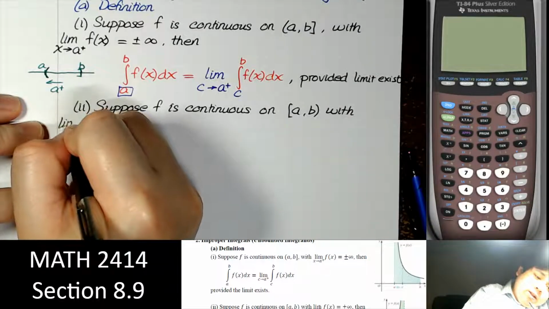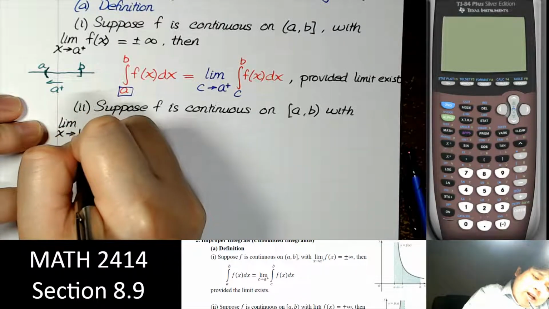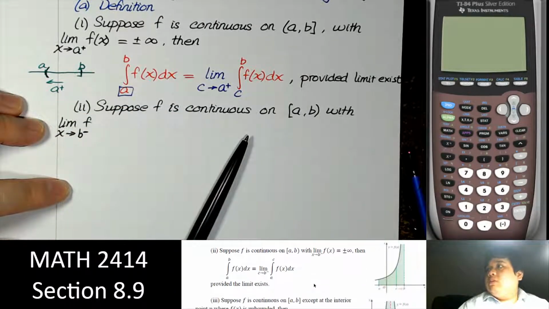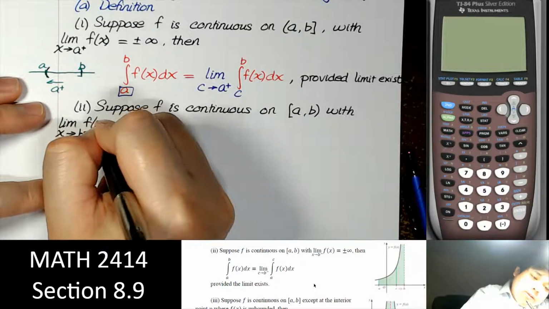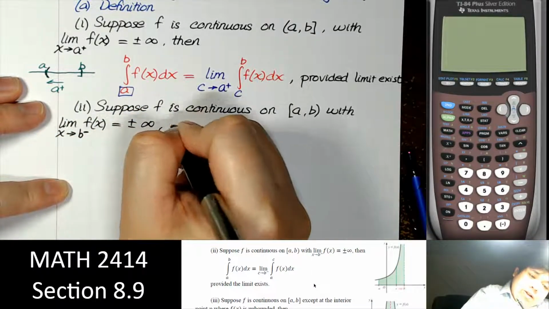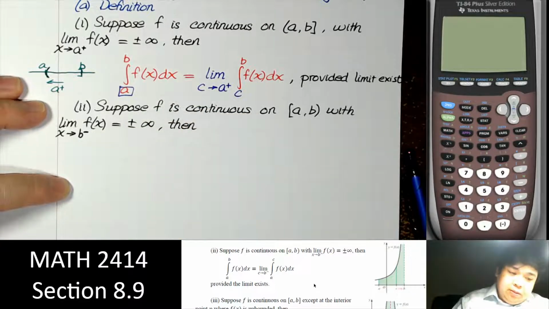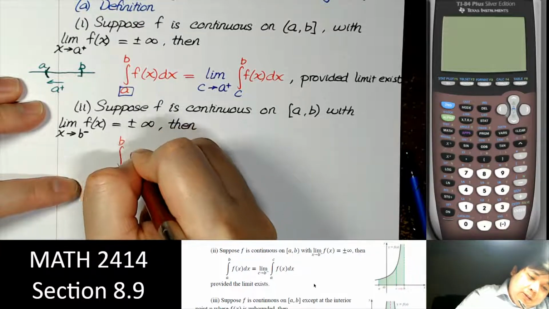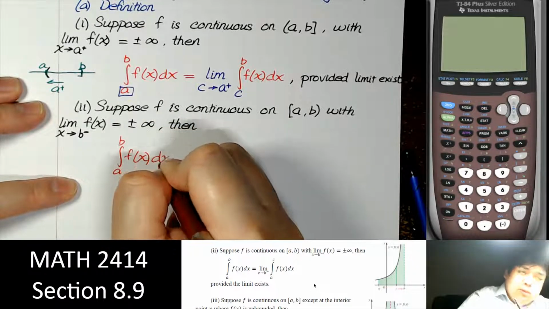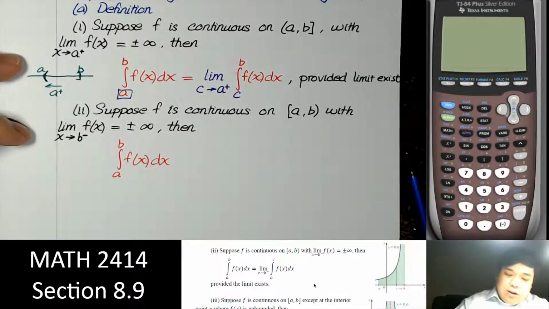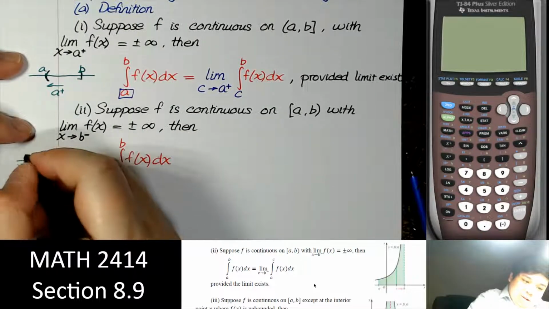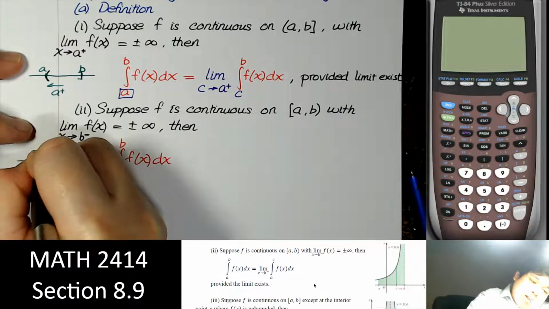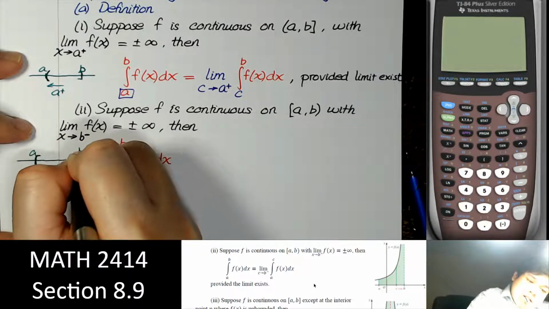With the limit as x goes to b from the negative side equal to plus or minus infinity, then at A is okay, but at B there's a parenthesis.